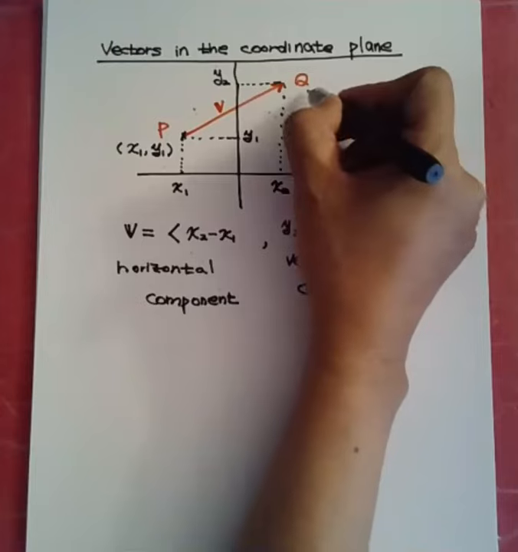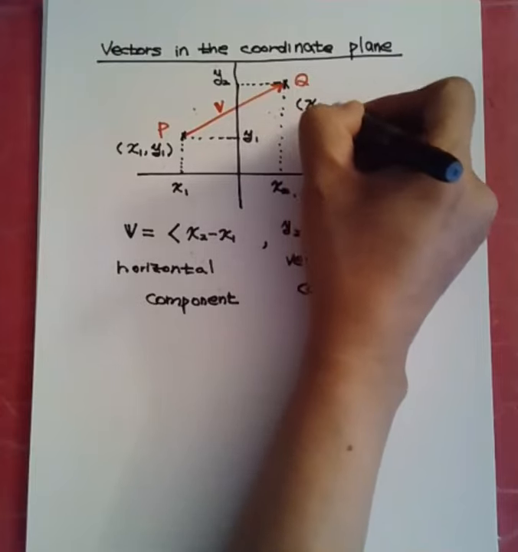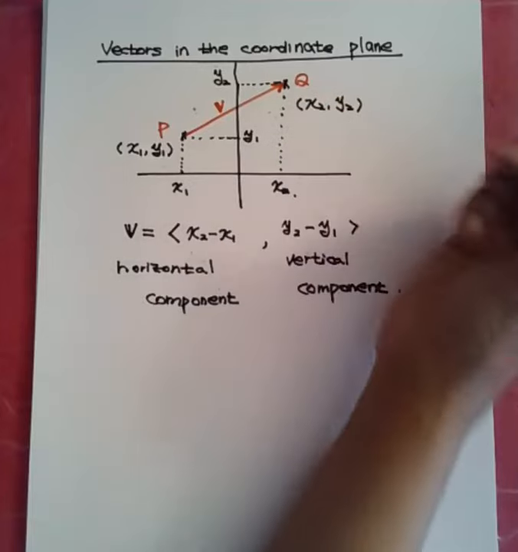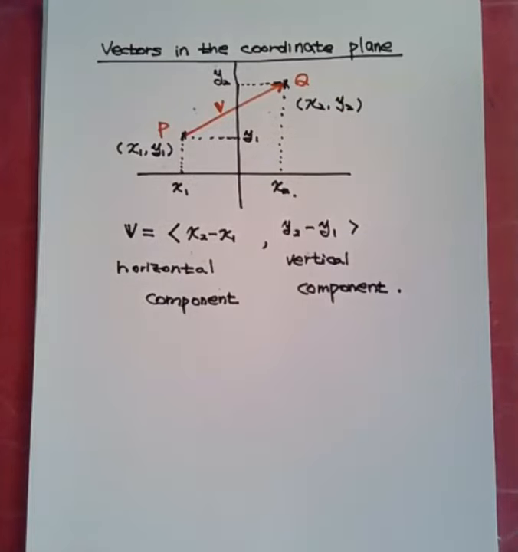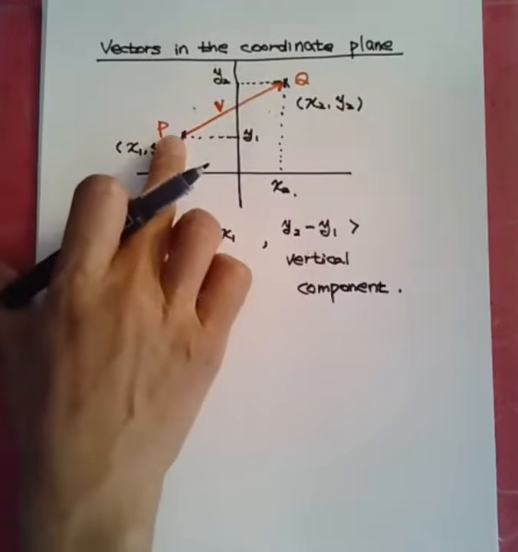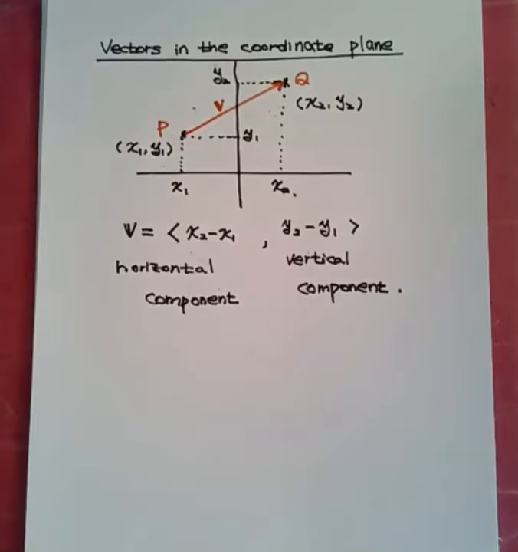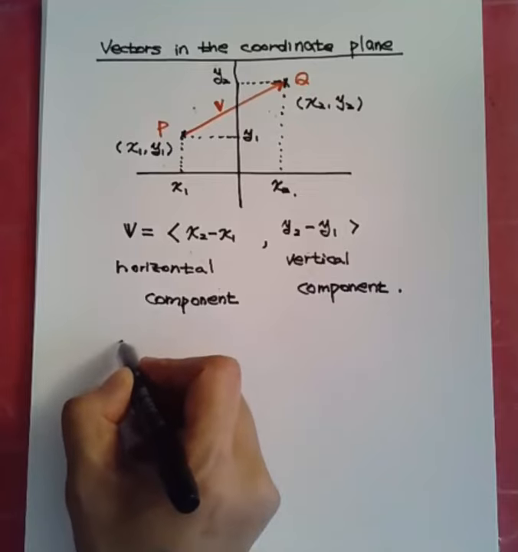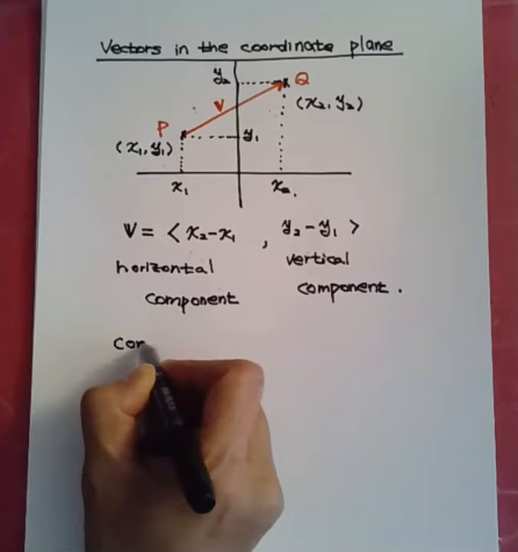Q as a coordinate is x2 and y2. It is similar to the subtraction of the initial point from the terminal point. That is called the component form of a vector V.